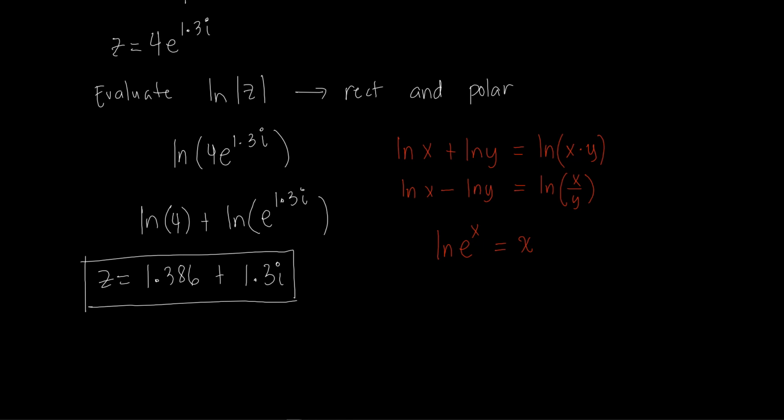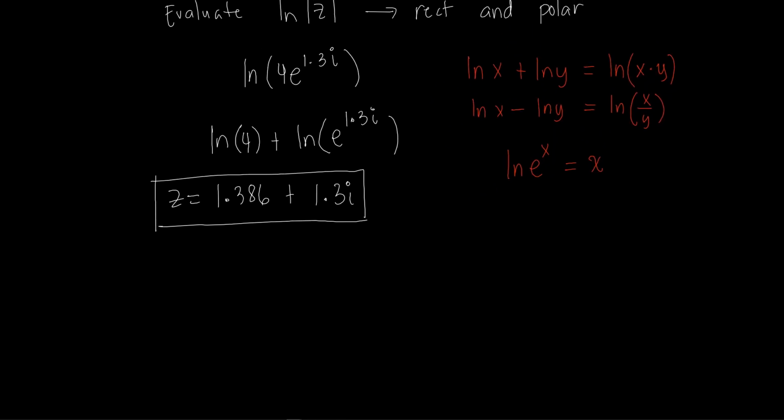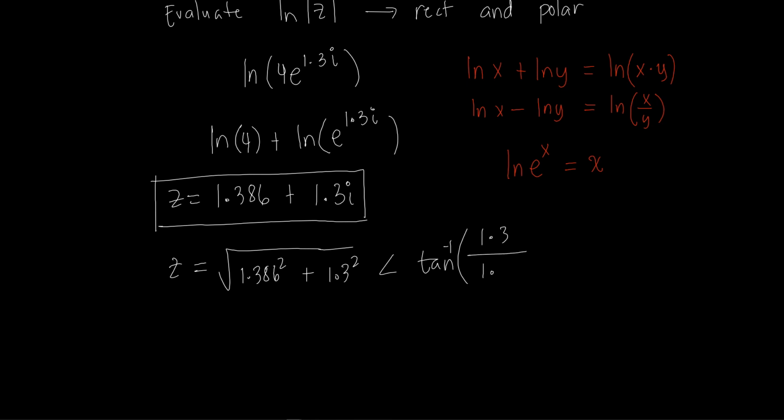Ito rectangular, so i-convert na lang nato into polar. We have in polar, square root of 1.386 squared plus 1.3 squared, angle of arctan of 1.3 over 1.386.